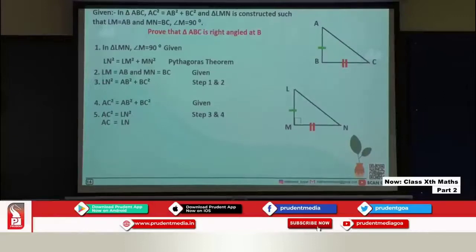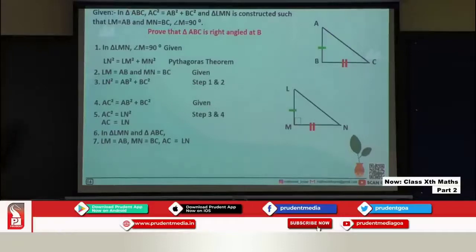Now, what we are going to do is, we will consider triangles LMN, okay, this triangle, and ABC. Now, in those two triangles, we will write that LM is equal to AB, which was already given to us, MN is equal to BC, which was also given to us, and AC is equal to LN, which we have just now proved.